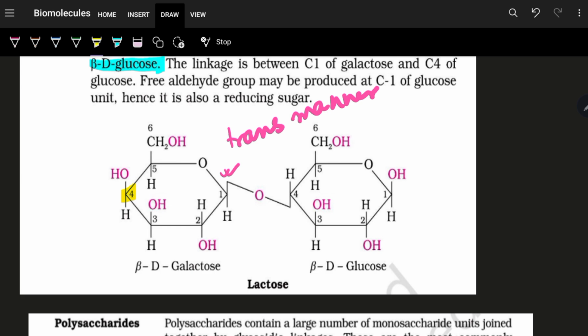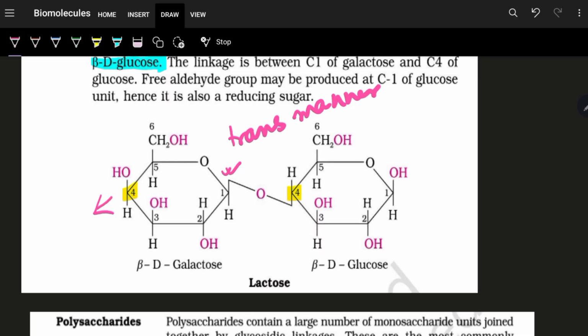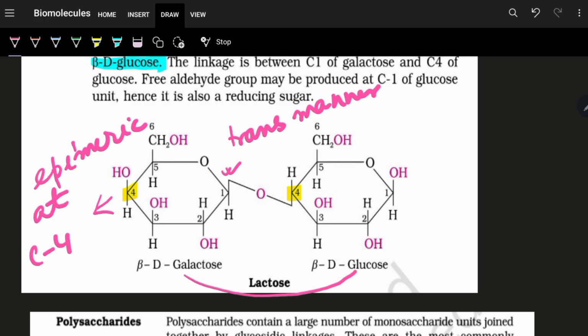The structure is getting altered because the C4 of beta-D-glucose has OH below the plane and H above the plane, which is getting altered in the structure of beta-D-galactose, for which we can see that beta-D-galactose is epimeric at C4. Okay, that means beta-D-galactose and beta-D-glucose are epimers.